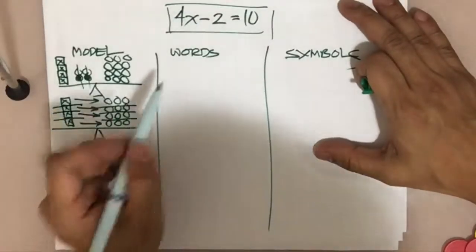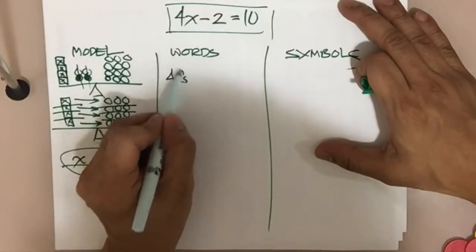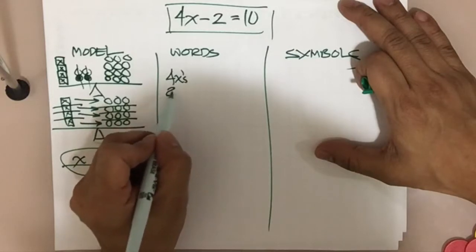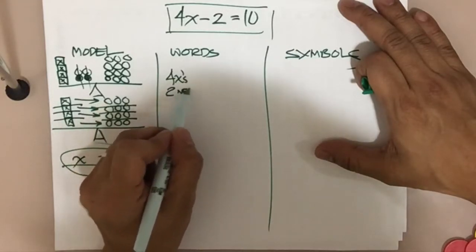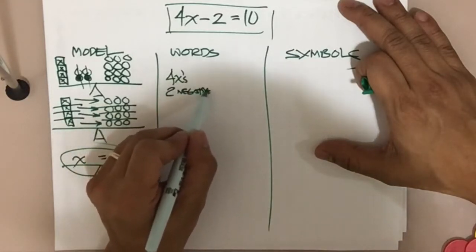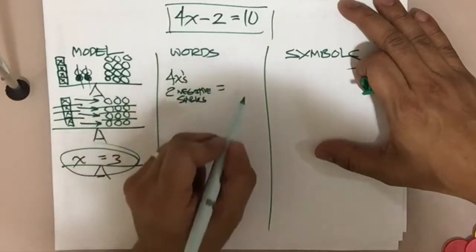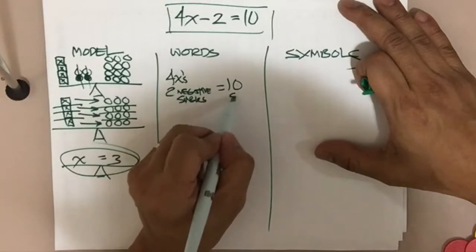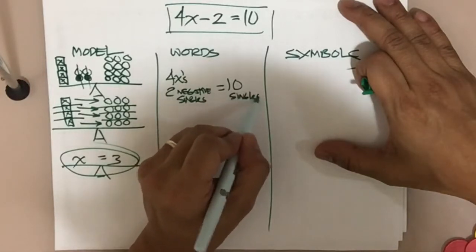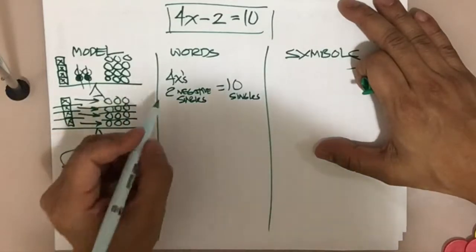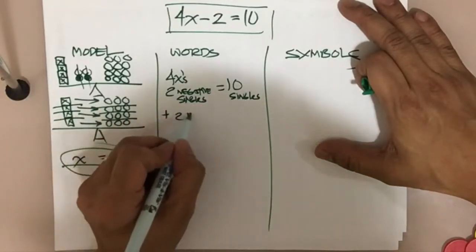In words, we said 4 x's and 2 negative singles is equal to 10 singles. To get rid of the negative, what we do? We added 2 positives.